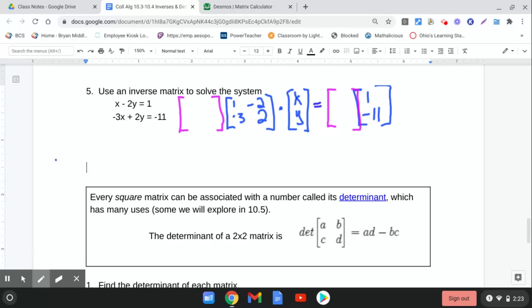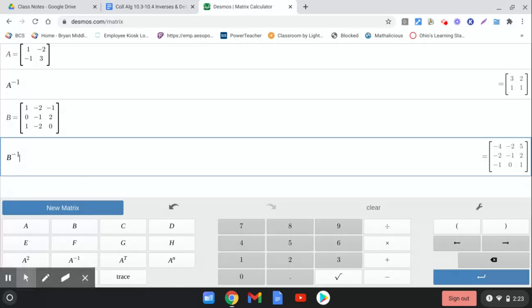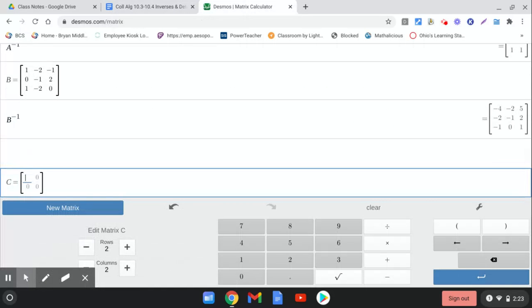So our matrix A is this one here in blue, 1, negative 2, negative 3, 2. And so I want to find the inverse of A. Now, I can use that little formula that I used before. Instead, I'm going to go use the Desmos calculator because it's pretty easy to use. So we'll do a new matrix.